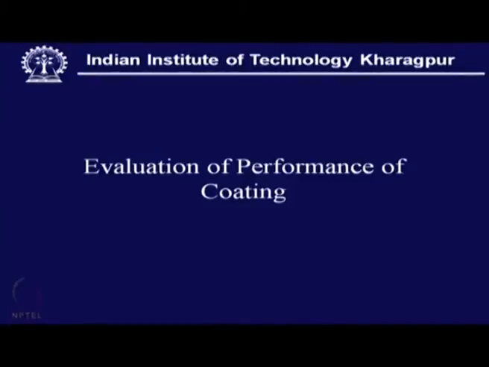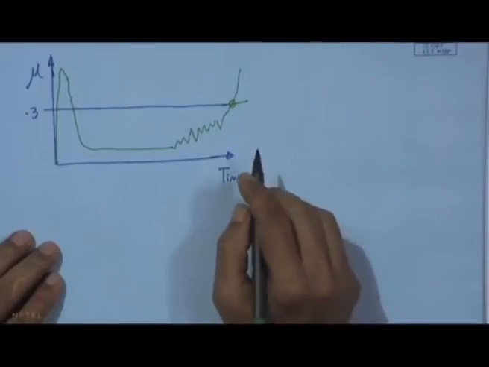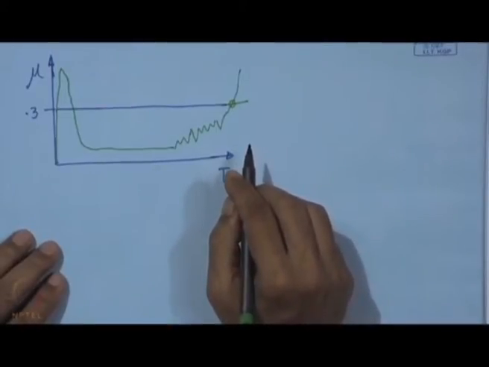So, what we actually mean to say here is that monitoring the value of friction with time gives a clear indication about the performance of the coating as pictured by this tribometer.